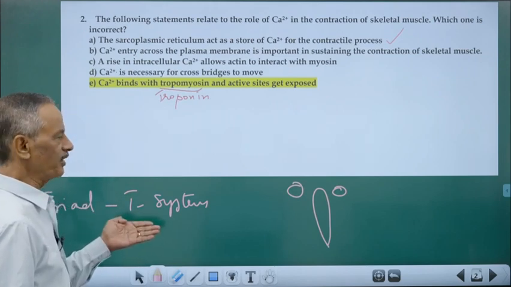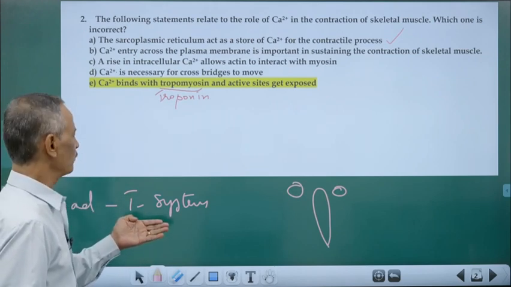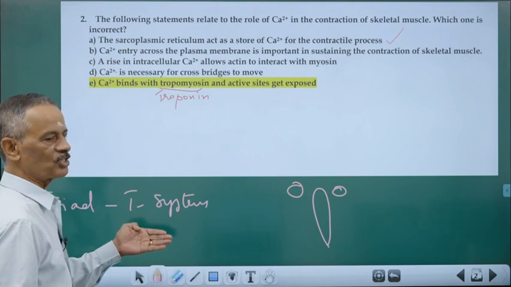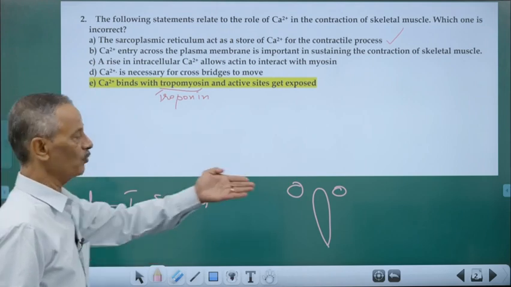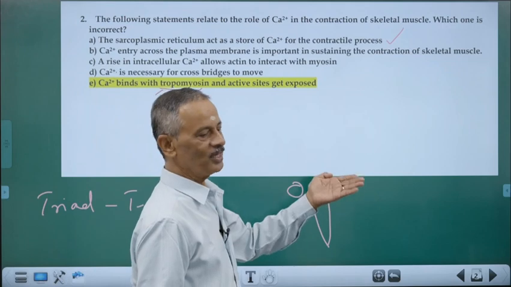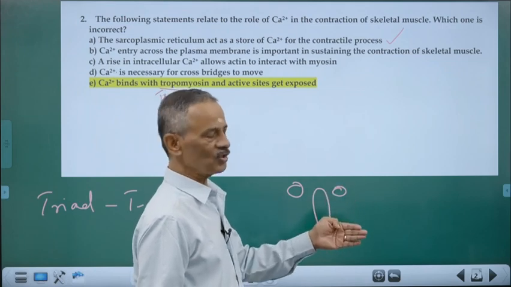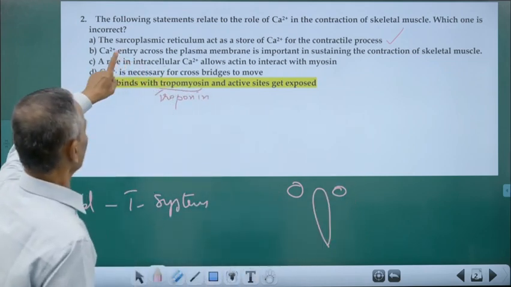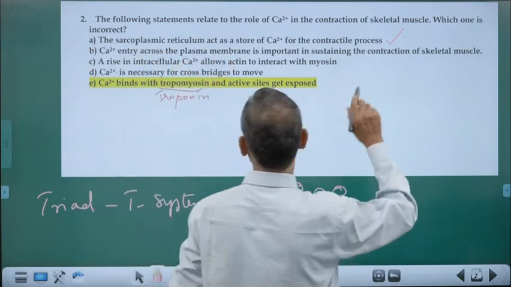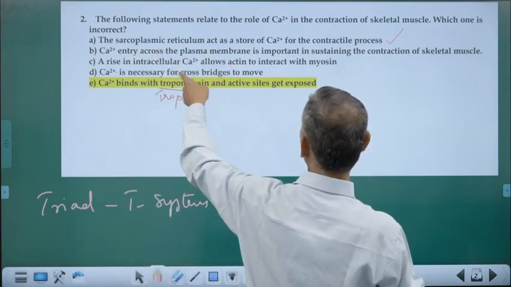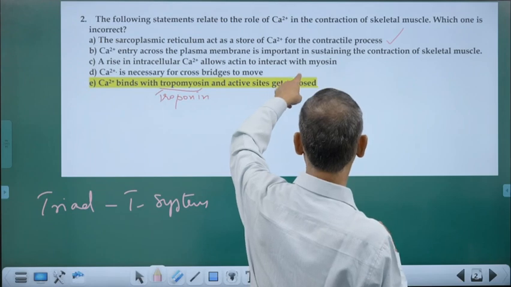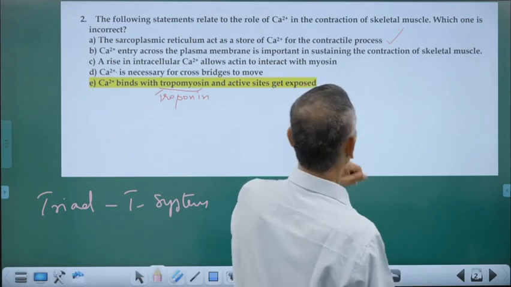And since it is lying in the form of letter T, it is called T system. This is a modified sarcoplasmic reticulum. This is acting as the storehouse of calcium. So, sarcoplasmic reticulum acts as the storehouse. Calcium entry across the plasma membrane is important in sustaining the contraction of skeletal muscles.